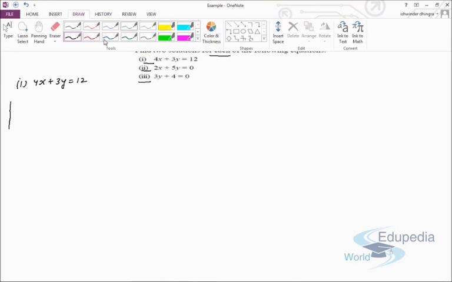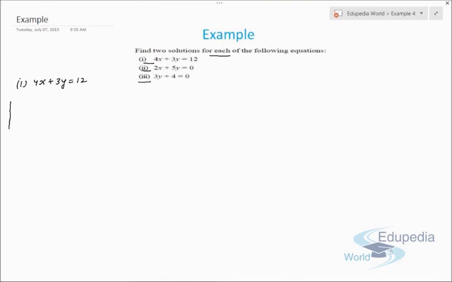We'll make a tabulated box again for this. So we write x and y. We need 2 solutions, so we make 2 boxes only. Now we'll solve for the values of x and y. So let's take x equals 0.